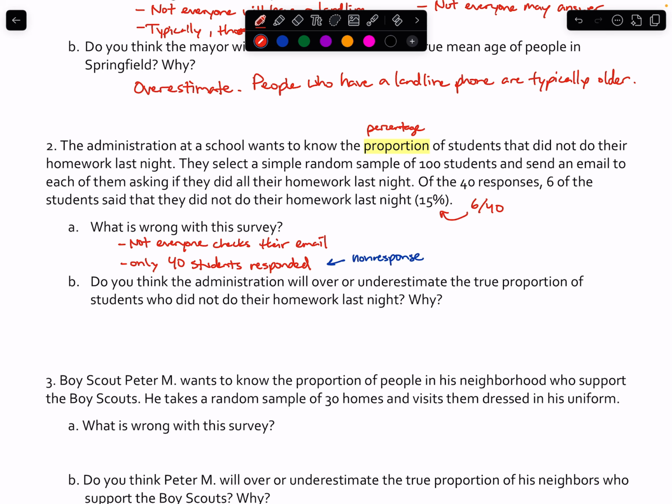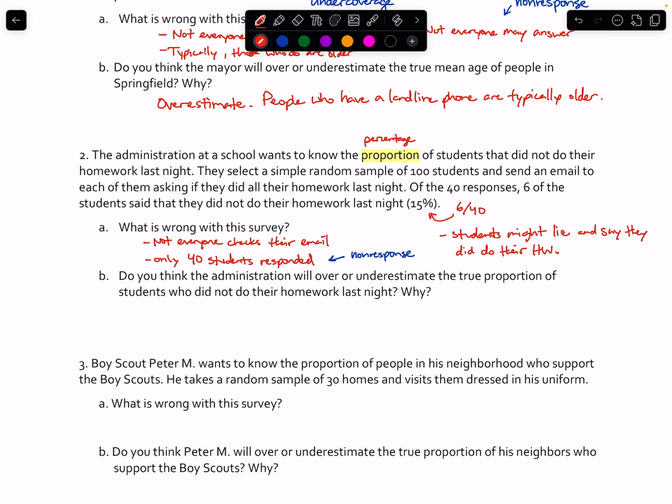And so in this scenario, students might lie and say they did do their homework. And how's the administration going to know? They just get an email back that says, "Yes, I did my homework." And as far as they know, you were being truthful.